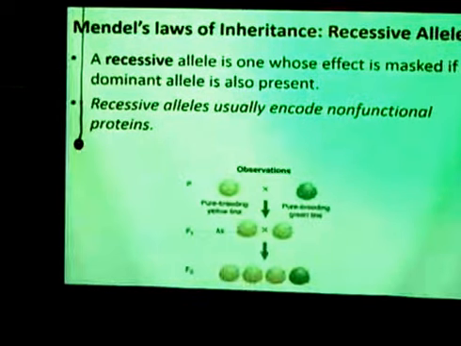Because the parents are heterozygous, because they have at least one dominant allele, the dominant allele masks the effect of the recessive one, so they are not albino themselves, but when they reproduce, the chances are that some of their children will get the recessive alleles, and when they get combined together, when it becomes homozygous, then it is shown in those children.